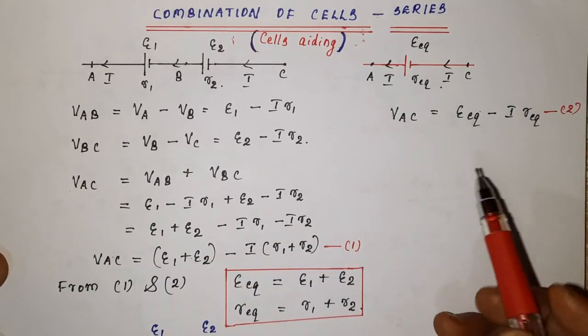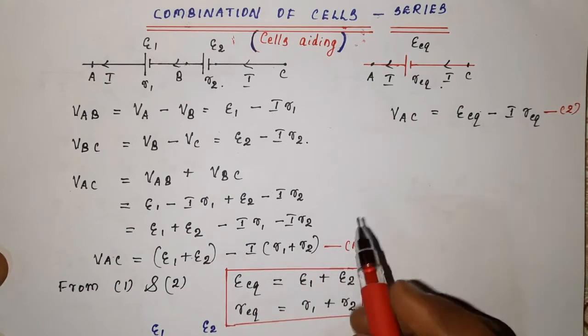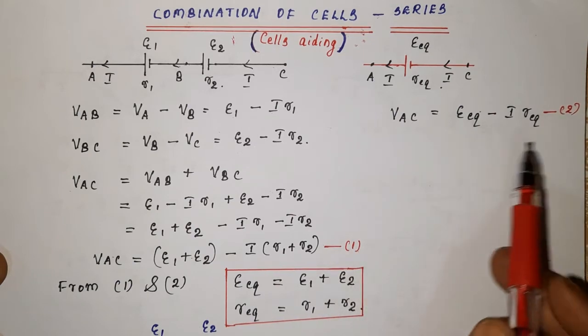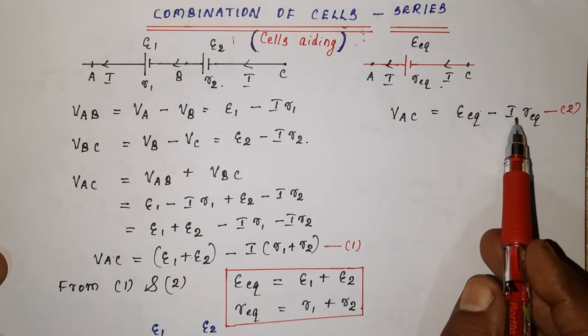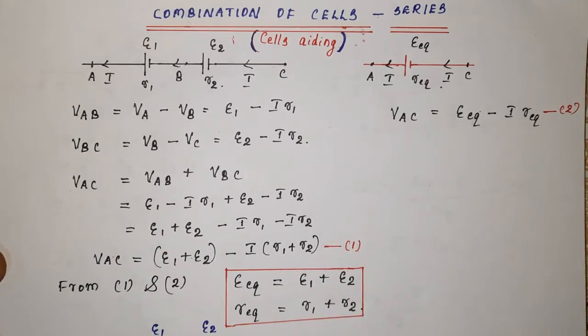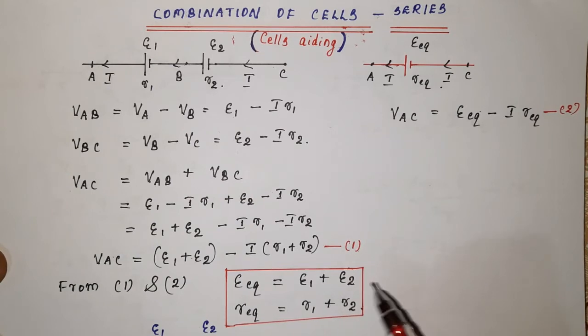That is how we are equating. Equating the constants in the two equations, we have epsilon equivalent equal to epsilon 1 plus epsilon 2, and equating the coefficients of I, we have R equivalent equal to R1 plus R2. So these two equations give you the expressions for equivalent EMF and equivalent internal resistance when the two cells are connected in series.